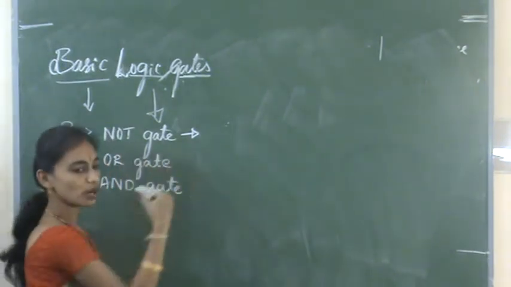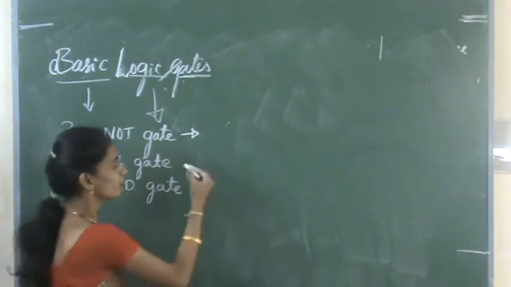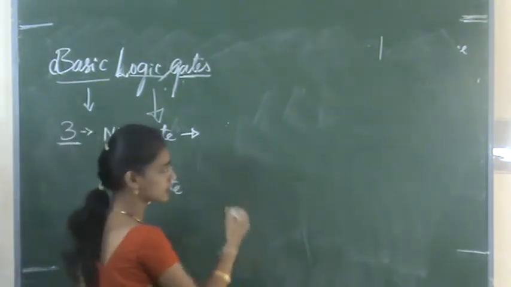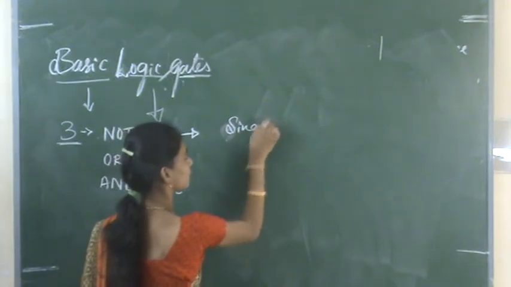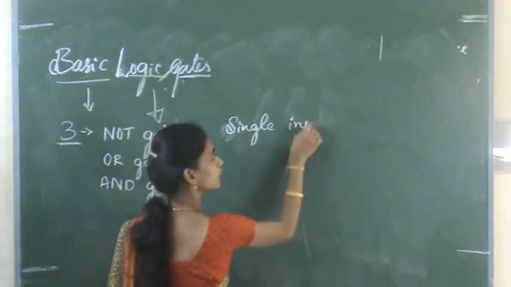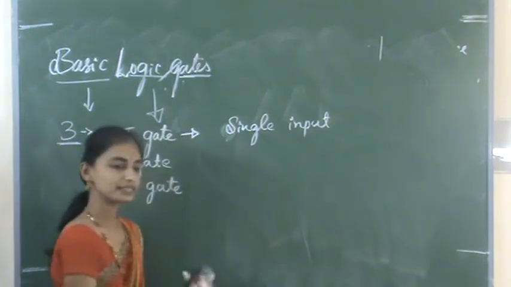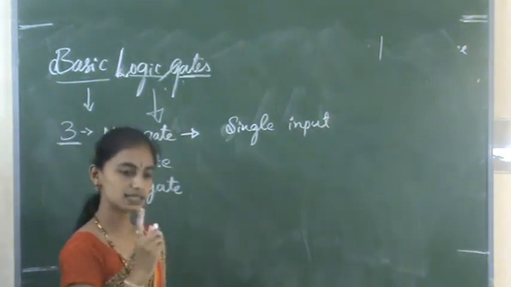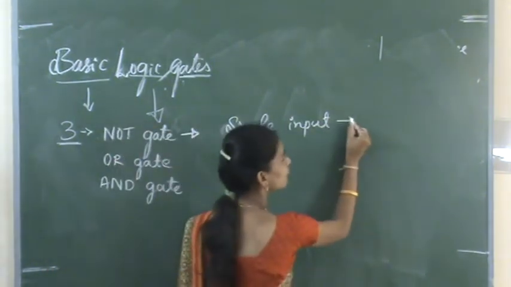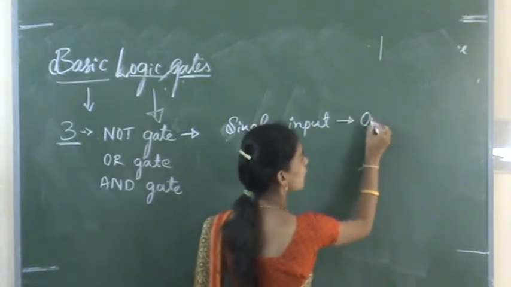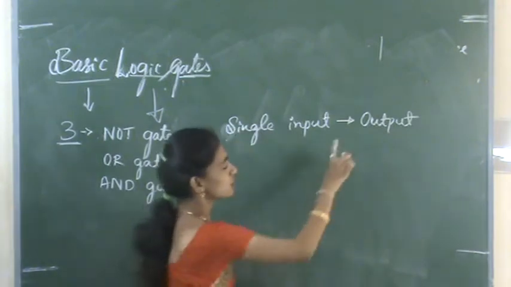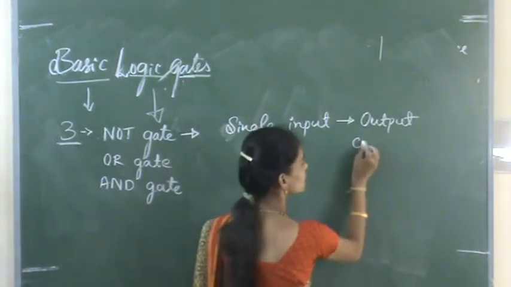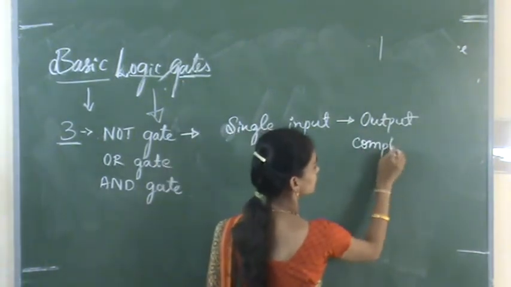So NOT gate is also an electronic circuit which accepts a single input, means it will accept the single input and produce the single output. So this output will be the complement of input.